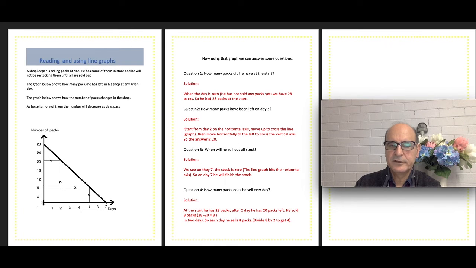So that means the number of packs is 0 on this axis. So when you are here, it means 0 packs and also 0 days. But we are talking about day 7. So on day 7, go across and you have 0 in your stock.